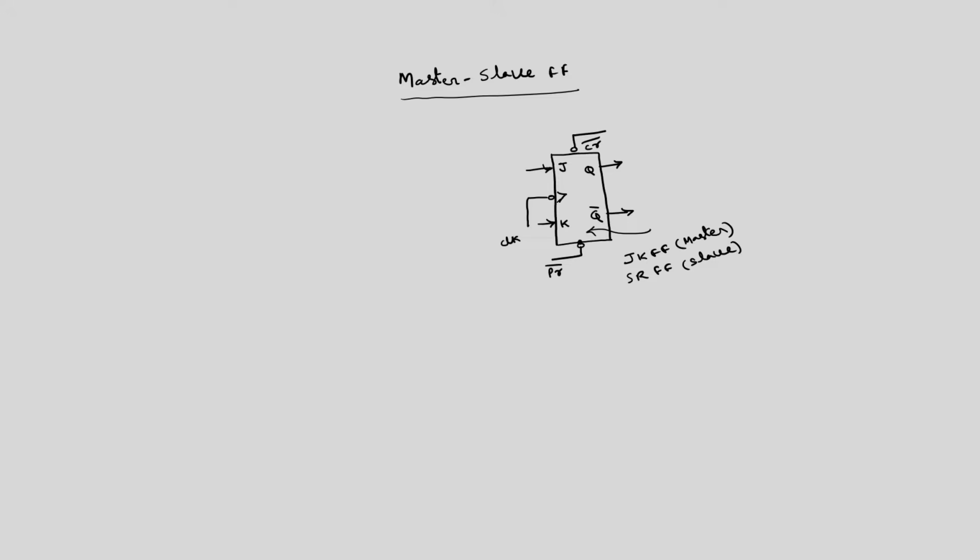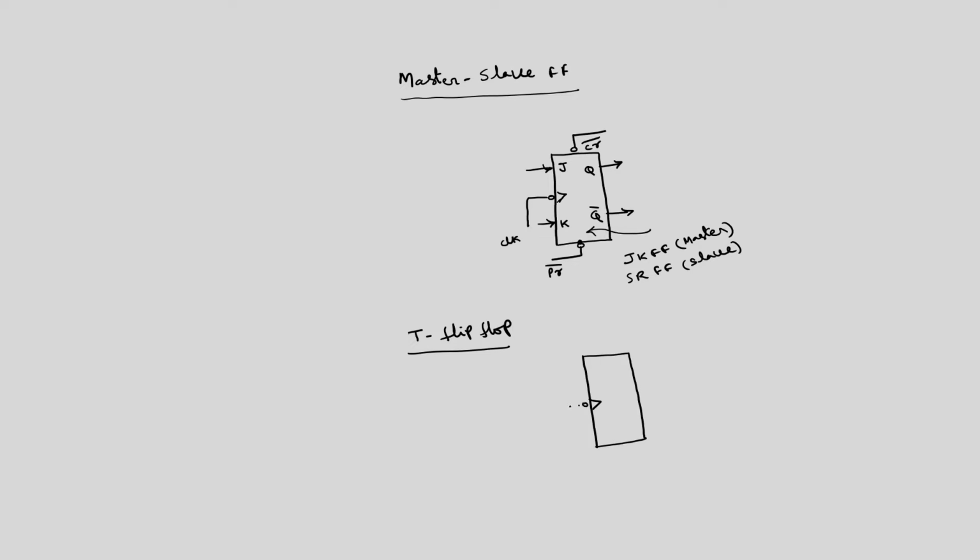Now, using this master slave JK flip flop, we can derive two more flip flops. One is called the T flip flop. T stands for toggle. The T flip flop can be obtained by just shorting the J and K terminals together.